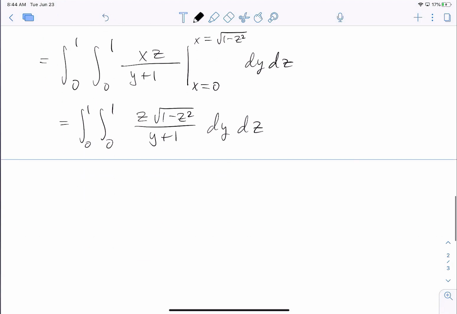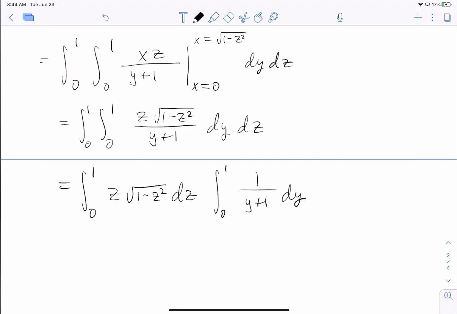At this point, I note that we have a function that can be factored into a function of z. So from 0 to 1, we have z times the square root of 1 minus z squared dz times a function of y. So then we have that integral is multiplied by the integral from 0 to 1 of 1 over y plus 1 dy. Not a necessary step, but it's one I felt like taking.